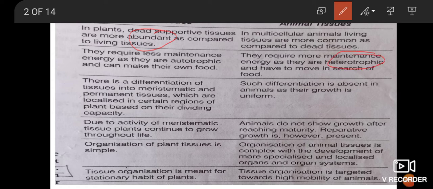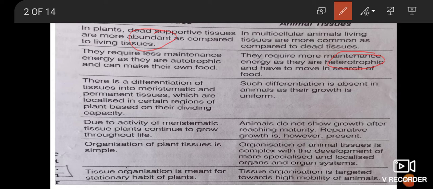Okay, now the third difference: there is a differentiation of tissues into meristematic and permanent tissues. This we had already learned, dear students, that plant tissue is mainly divided into two categories, meristematic tissue and permanent tissue, which are localized in certain regions of the plant based on their dividing capacity. That also we had learned, that meristematic tissue has three different types of meristems, right?